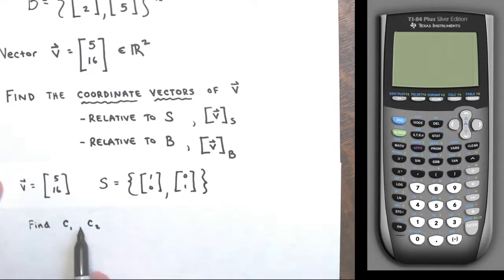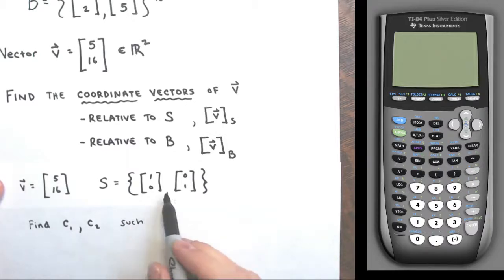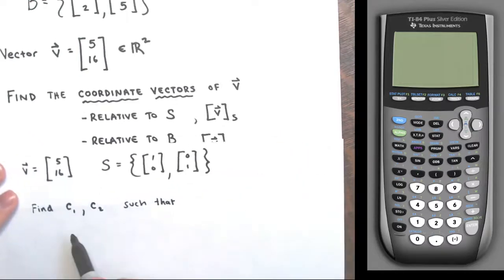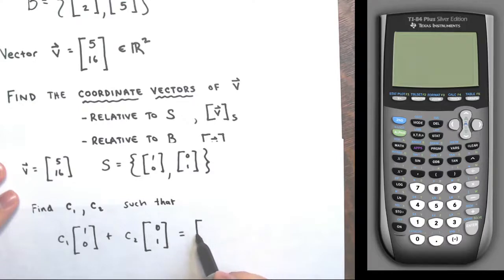So I'm trying to find C1 and C2, two of them because there are two vectors in the basis, such that C1 times the first vector (1, 0) plus C2 times the second vector (0, 1) is equal to v, (5, 16).